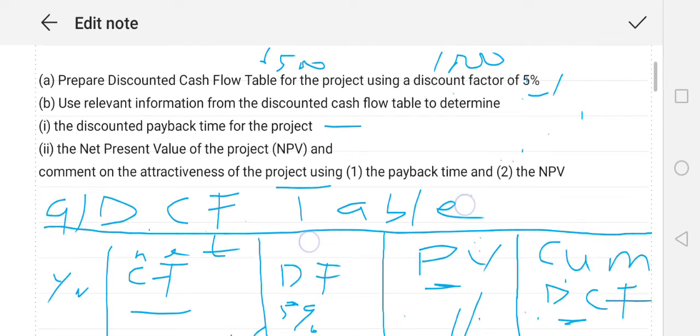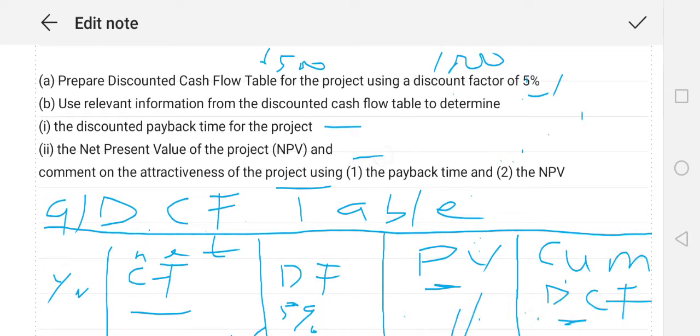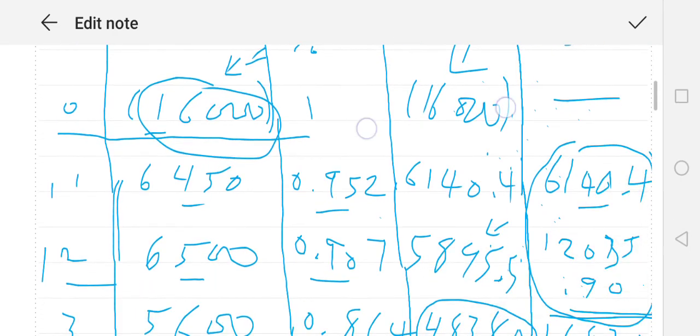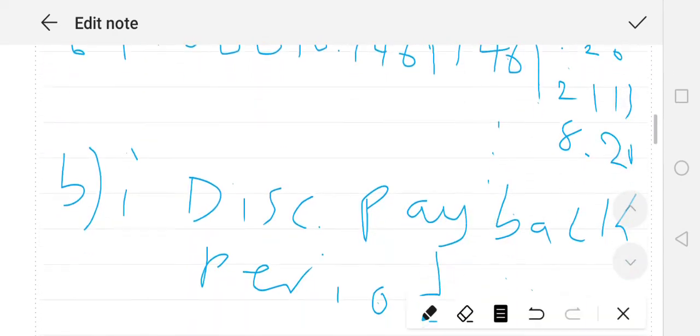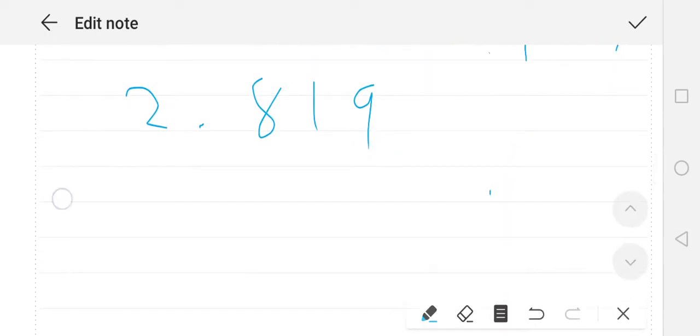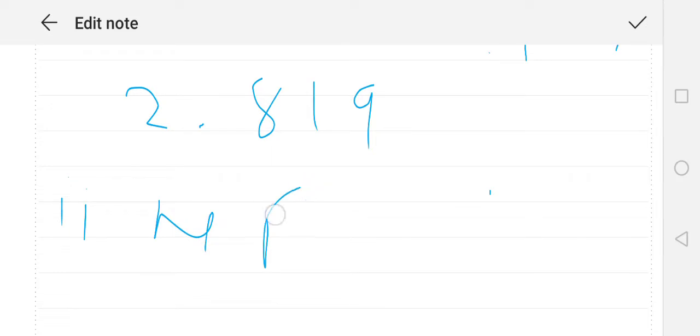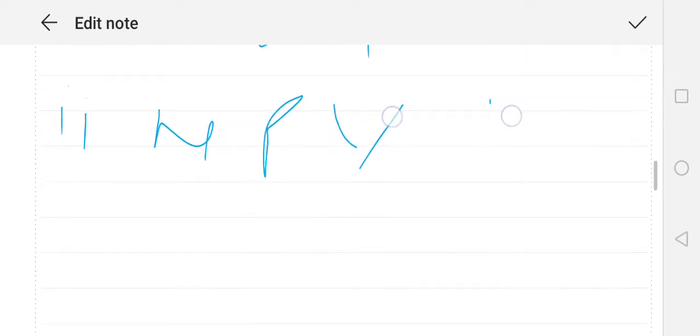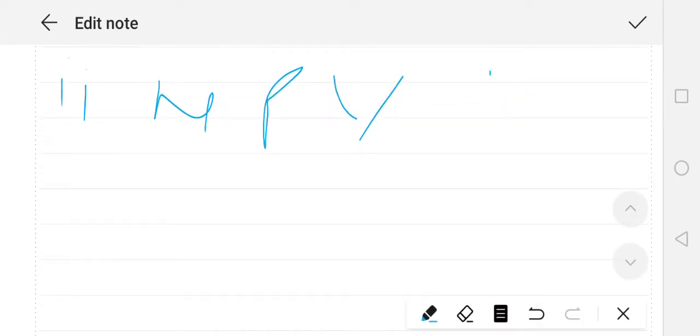Then the B II says we should find the net present value of the project. So we know net present value equals, which means that the present values we have, our initial outlay, is already in present value form.